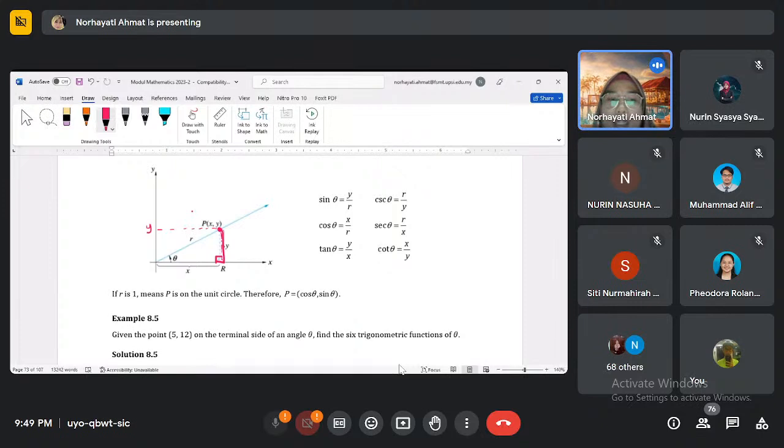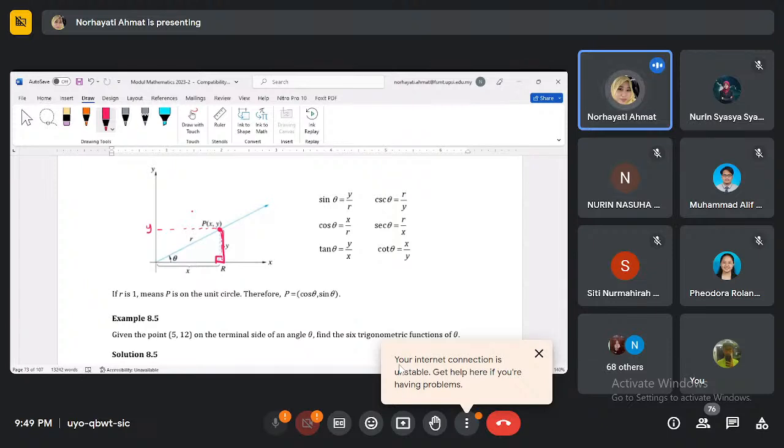Therefore, this hypotenuse R represents the radius of a circle.